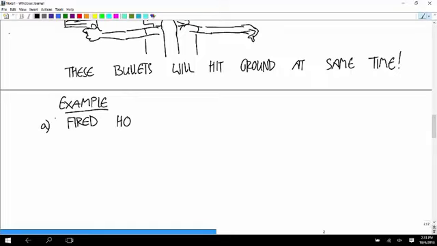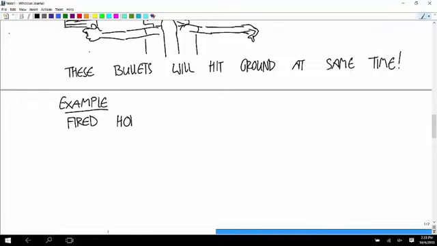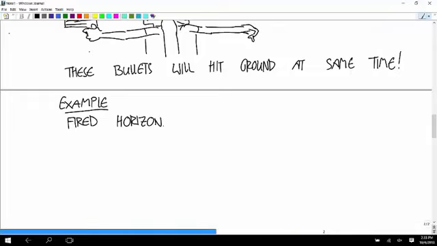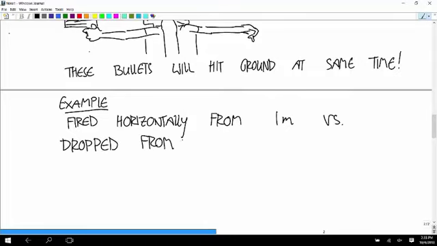So let's say, fired horizontally from 1 meter versus dropped from 1 meter. And we're going to calculate the time required to hit the ground.